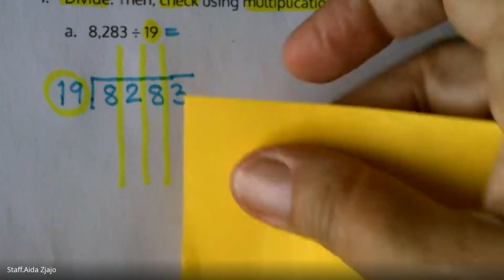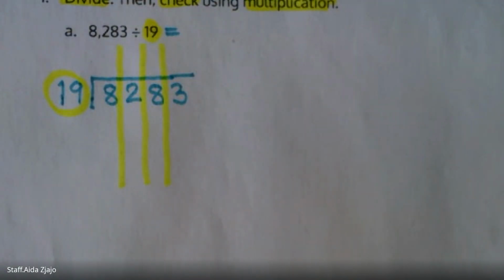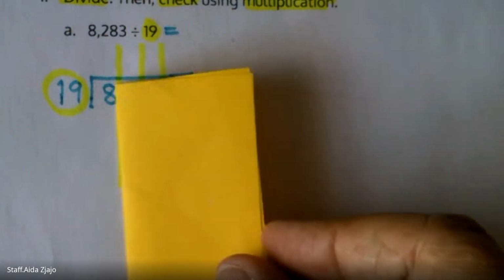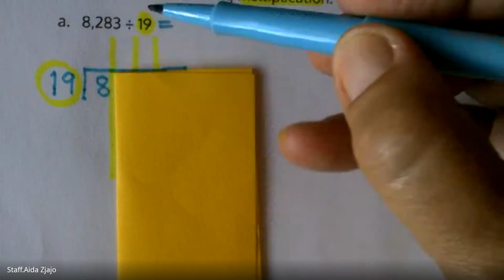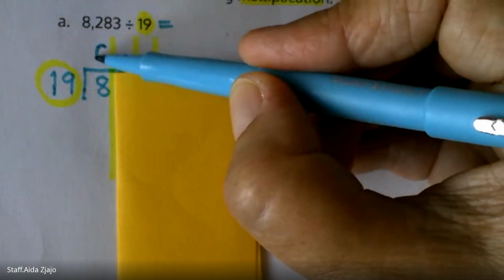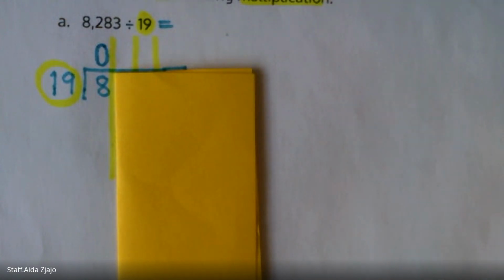I like to hide everything but one digit and think, okay, if I have 8, do I have a group of 19? I can make 0 groups of 19.